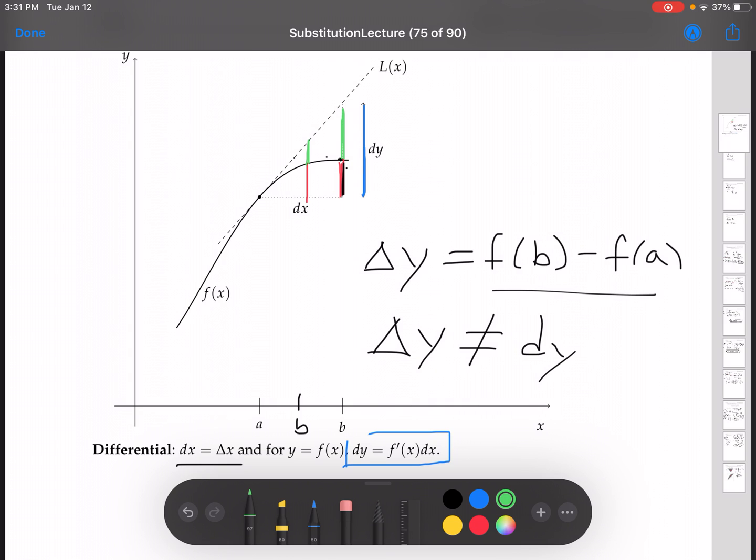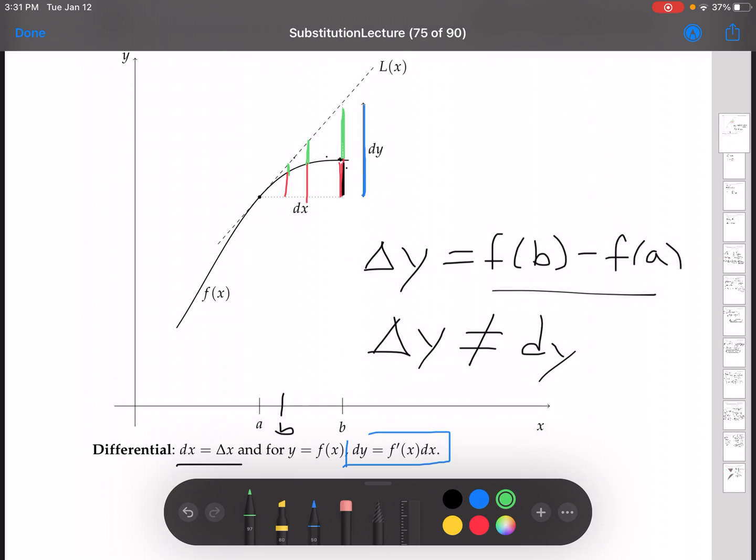Now think about moving that back even more. If you put b here, then here's my f of b minus f of a, and my error, how far off dy is from that, is that. And so it gets smaller.